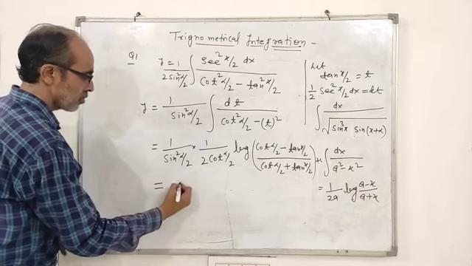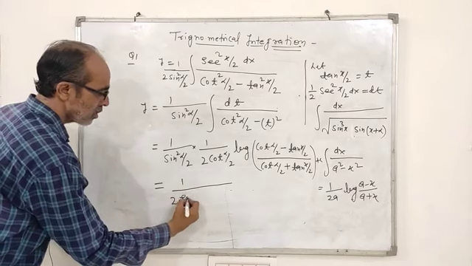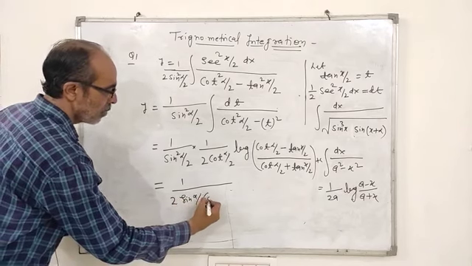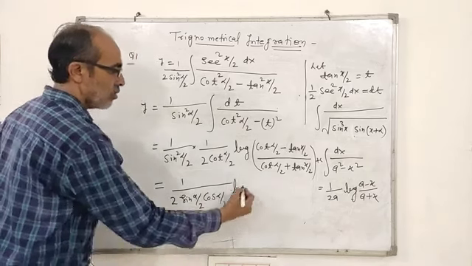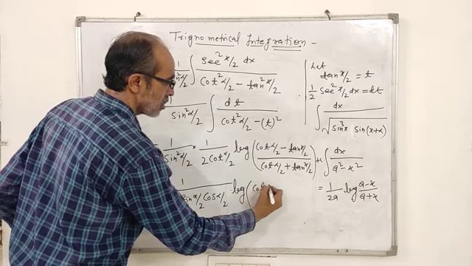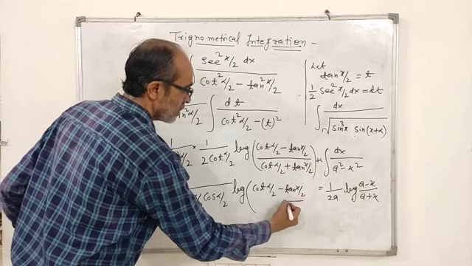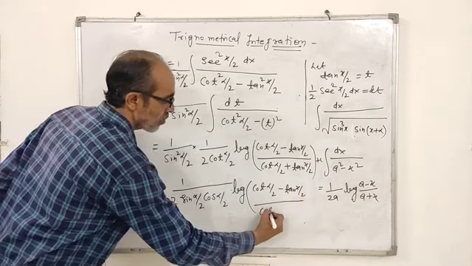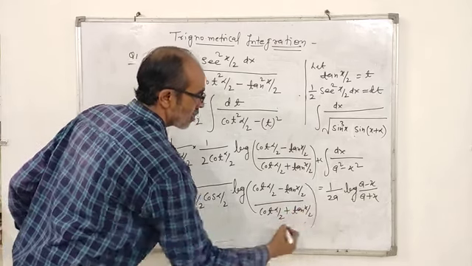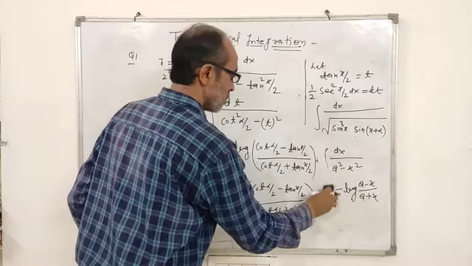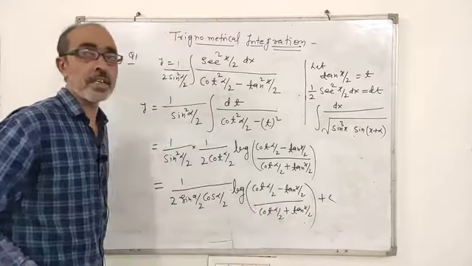So 1 upon 2 sin alpha by 2 multiplied by cos alpha by 2, and log of (cot alpha by 2 minus tan x by 2) divided by (cot alpha by 2 plus tan x by 2), and the integral constant is c.